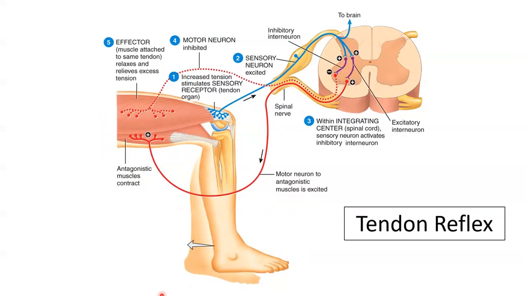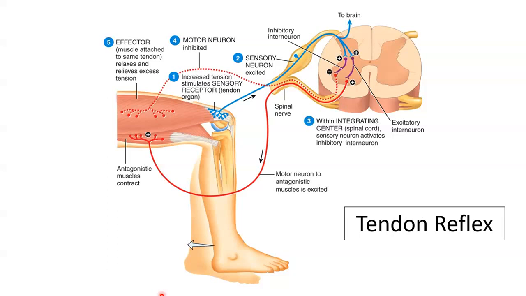We then have our tendon reflex, and our tendon reflex works to protect our muscles and our tendons by forcing that muscle to relax before the muscle tension or the muscle force becomes so great that we're actually going to do damage to that muscle or the tendon. So in this example, the sensory receptors are our Golgi tendon organs.